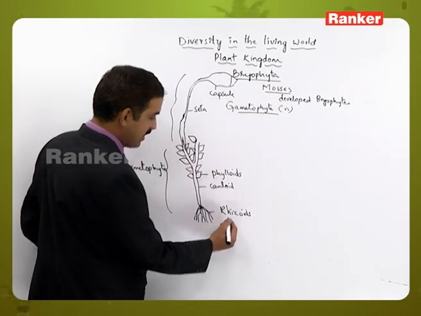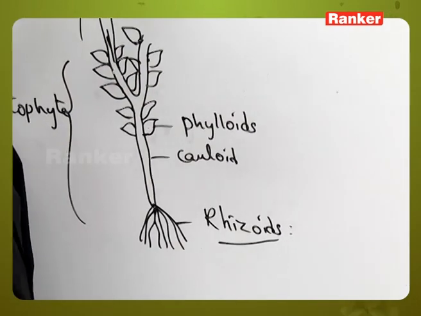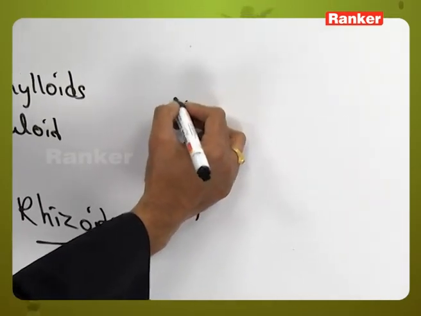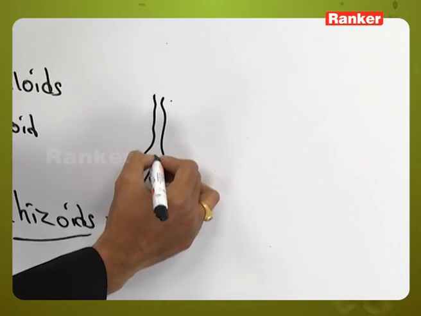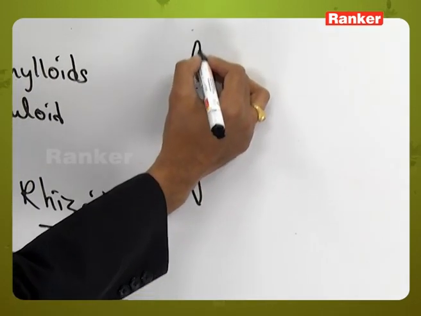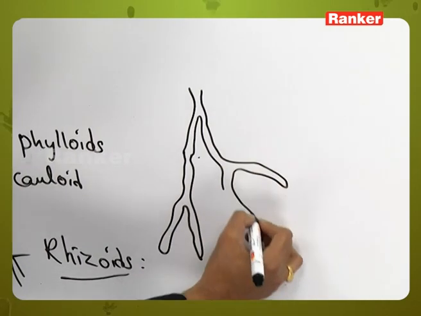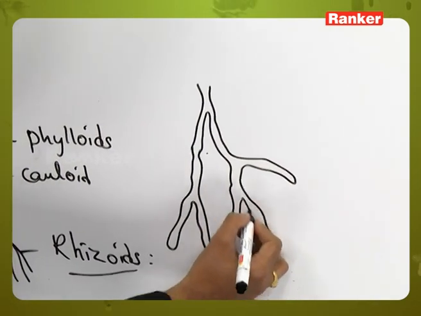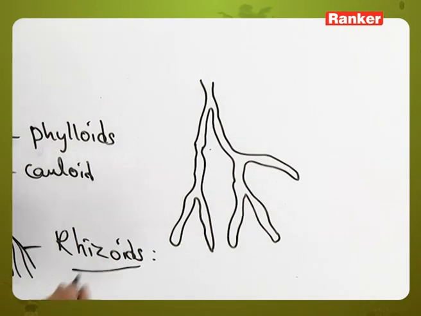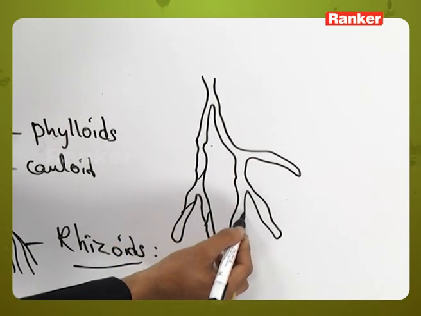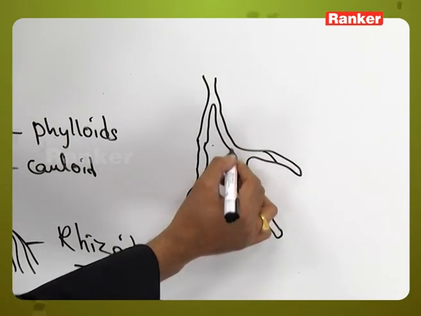Here if you see the rhizoids, generally rhizoids are brown in color, which are branched. Generally they have oblique septa, which will increase the area of absorption.